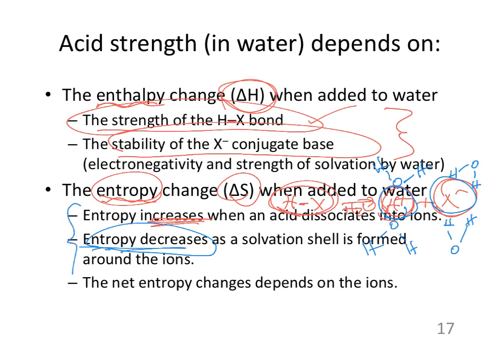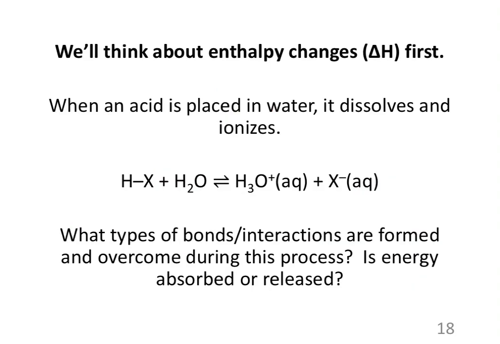So what's the net effect? If entropy increases with ionization, but then decreases again with solvation, what's the overall net effect for a change in entropy of an acid dissolved in water? Well, it depends on what the individual ions are. So let's go a little bit more in detail about enthalpy and then entropy.